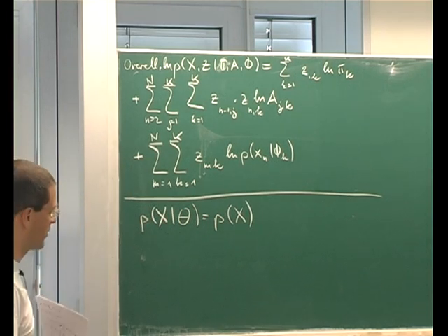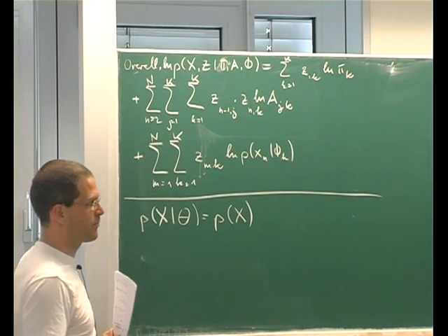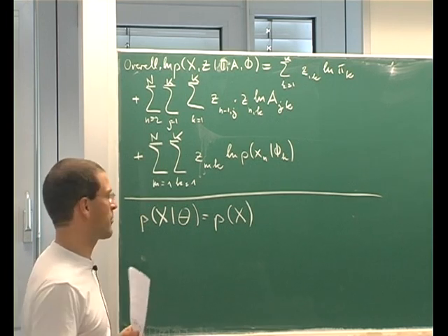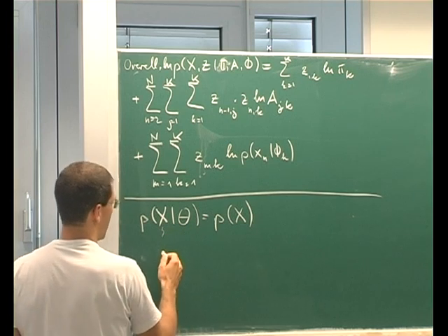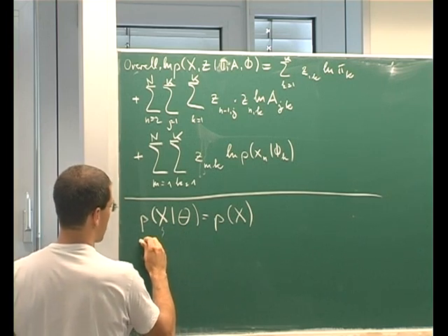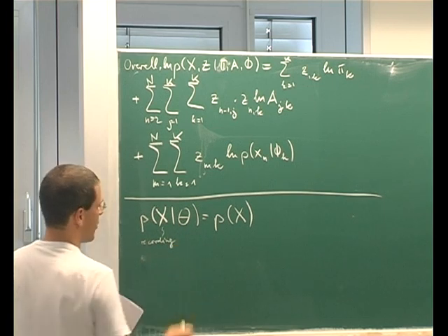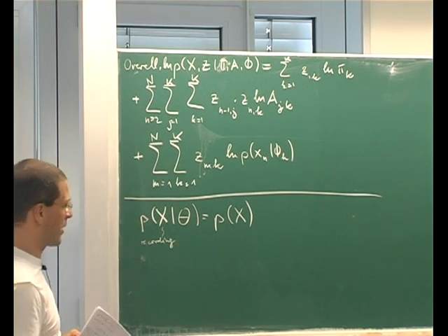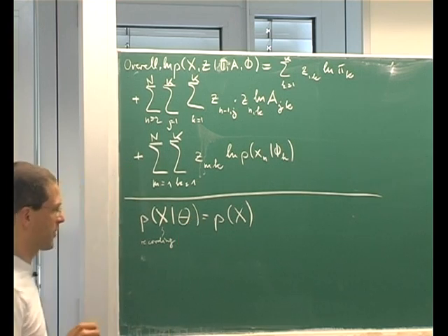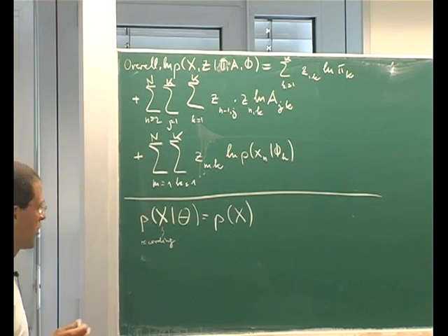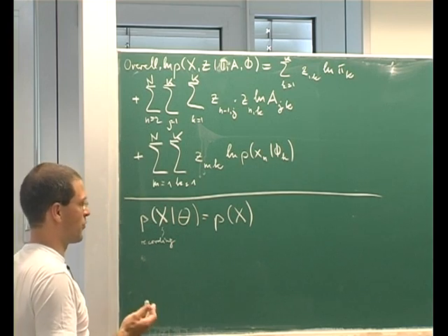And HMMs have been most widely used or popularized in speech recognition. So, for example, x could be the recording of a spoken utterance, and then we could have parameters that correspond to one given word.